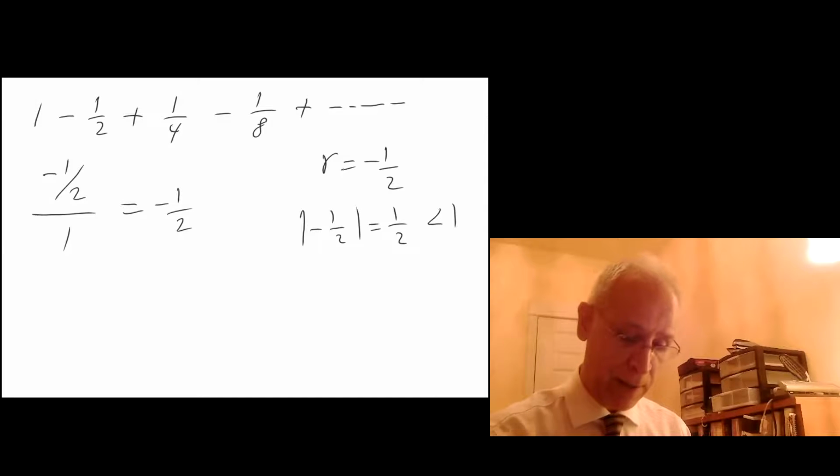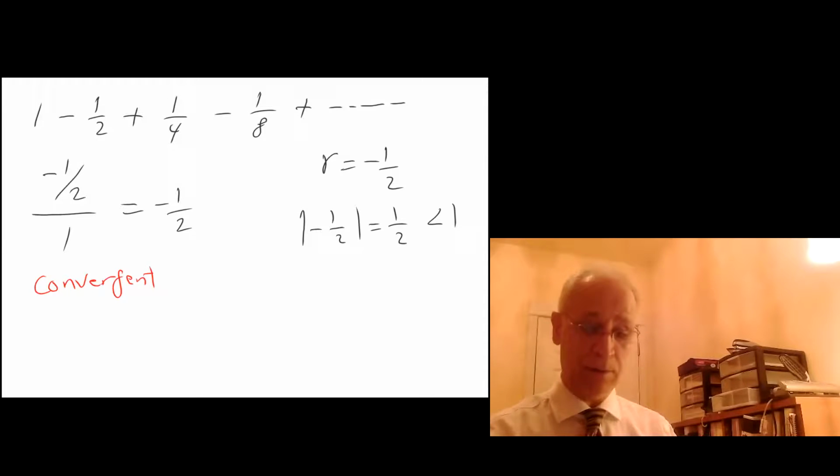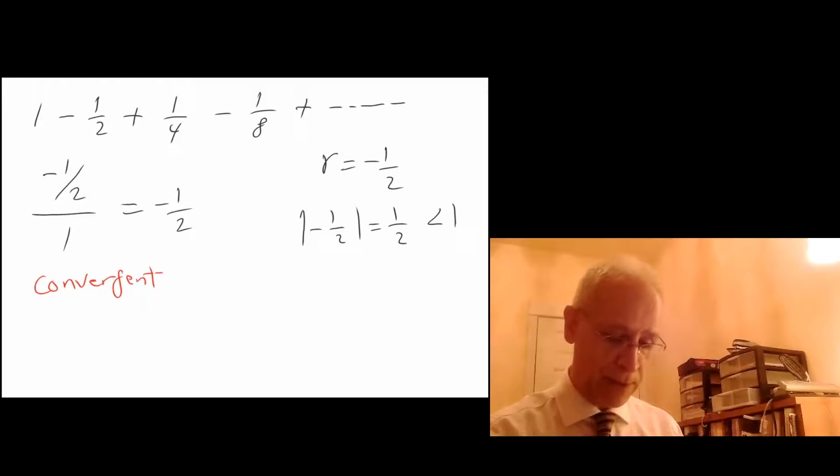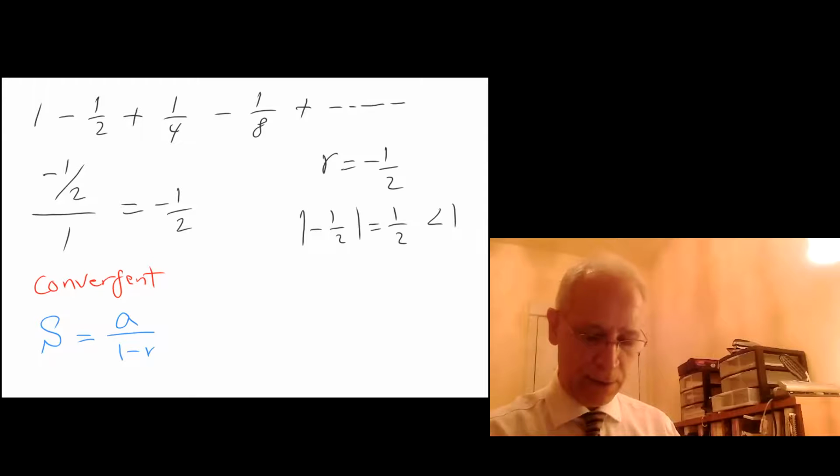Well, what does it converge to? I'm going to say that it converges to a over 1 minus r. So that equals 1 over 1 minus, my common ratio in this case, negative 1/2.